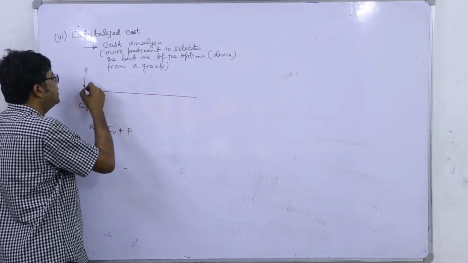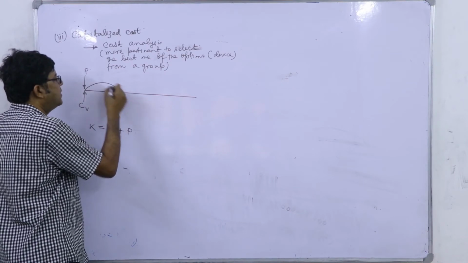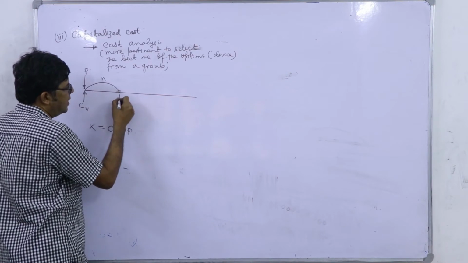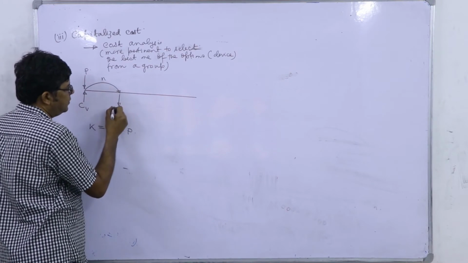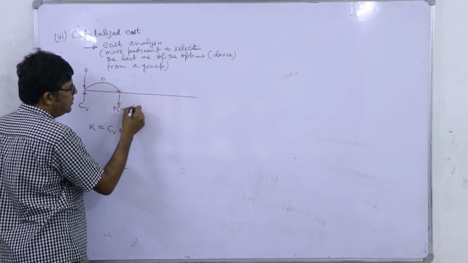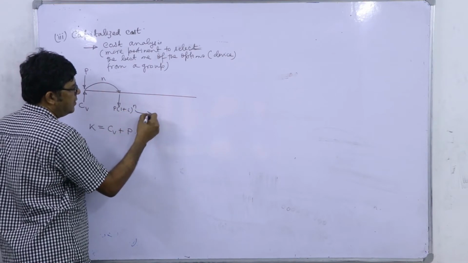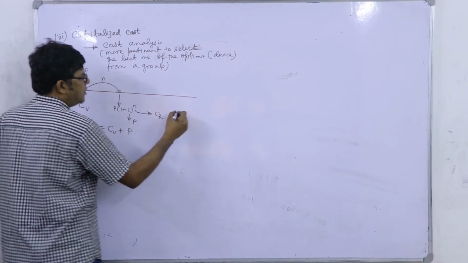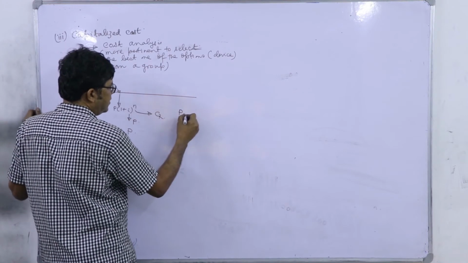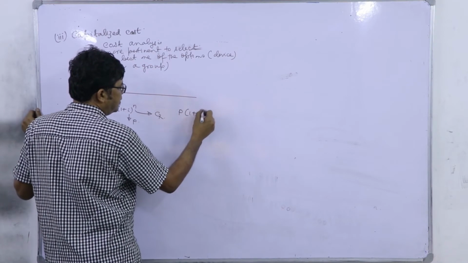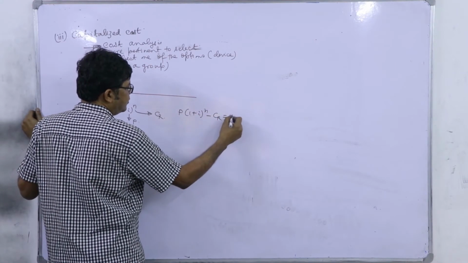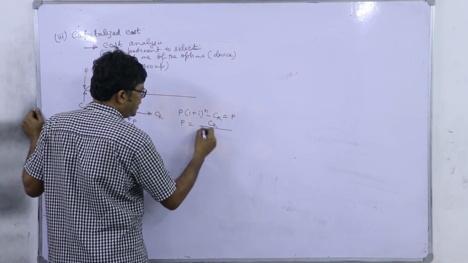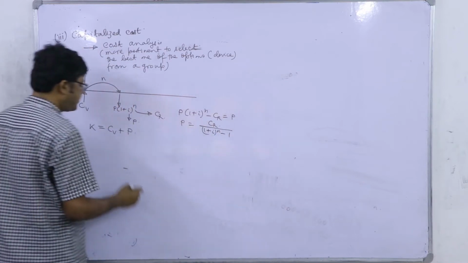Now what is perpetuity? After the service life, it will generate an amount P into 1 plus I to the power n, and you are taking away the replacement, so you will again generate the perpetuity. So obviously P into 1 plus I to the power n minus CR is equal to P. So P is equal to CR divided by 1 plus I to the power n minus 1.